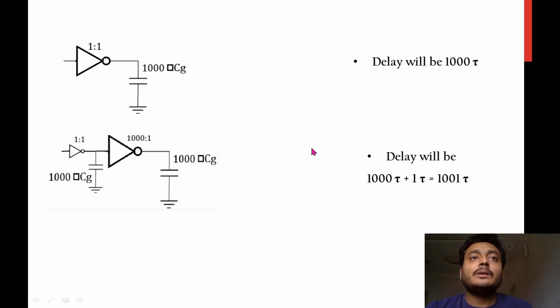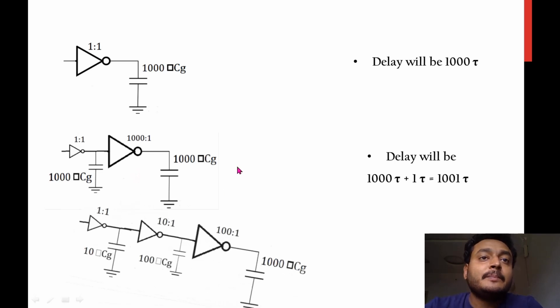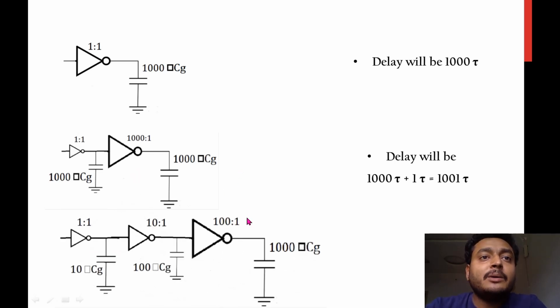When you have 1000 times CG, this capacitance is going to increase. You cannot just keep increasing your width 1000 times, because it consumes more area and at the same time gives you more capacitance. So we try cascade stages with an increasing ratio.